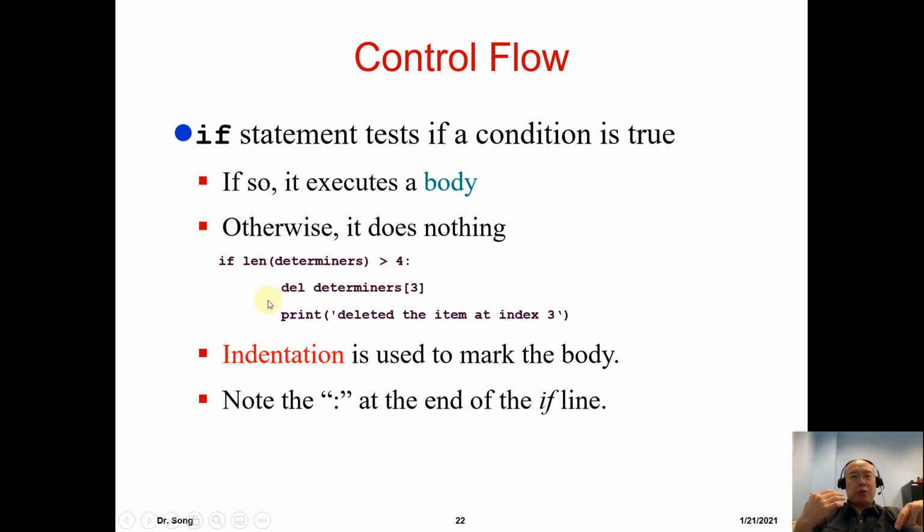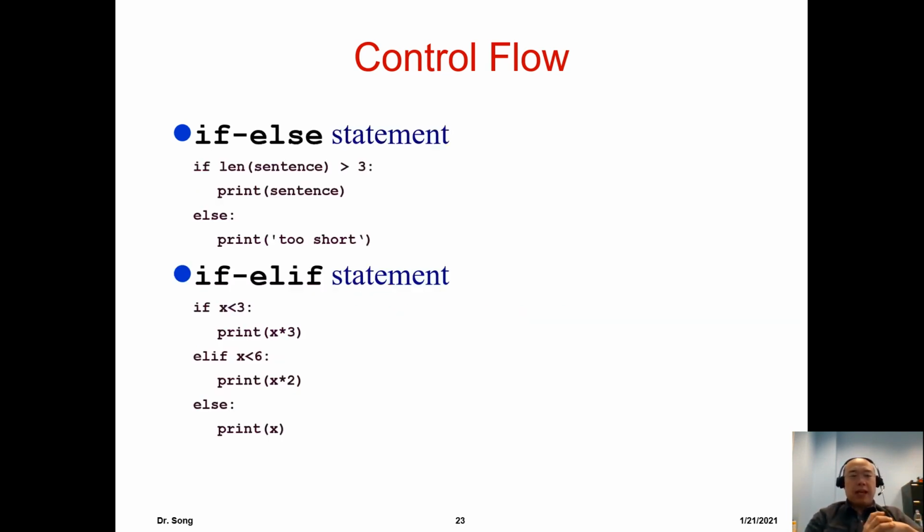In Python we use indentation to say this code block belongs to a certain branch. For example, it could be an if, it could be else, it could be a for loop, or it could be a while loop. Okay, we can have the if and else. We also have the if, elif, and else in case we have multiple branches.